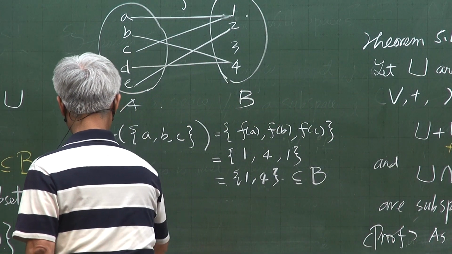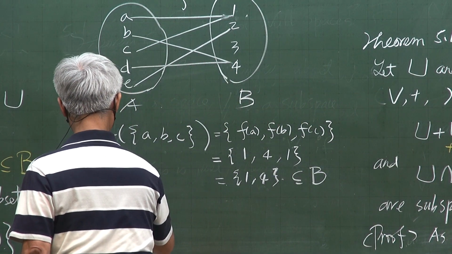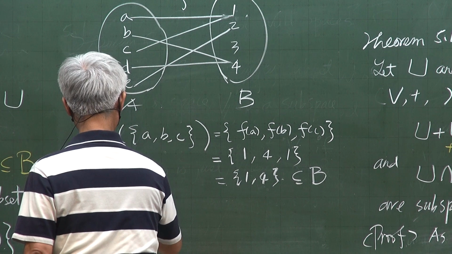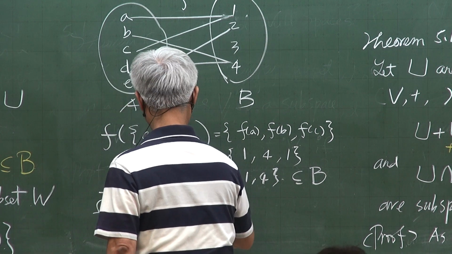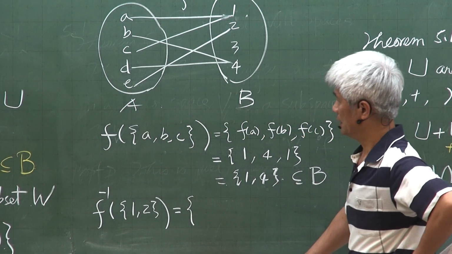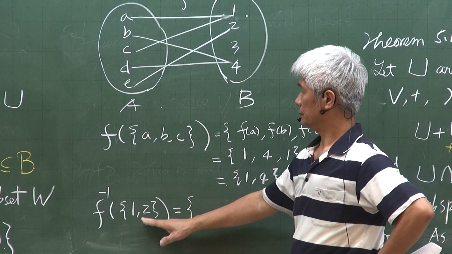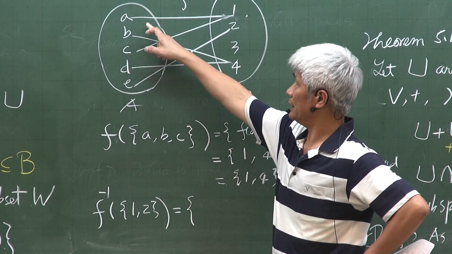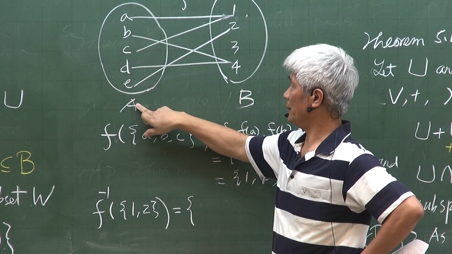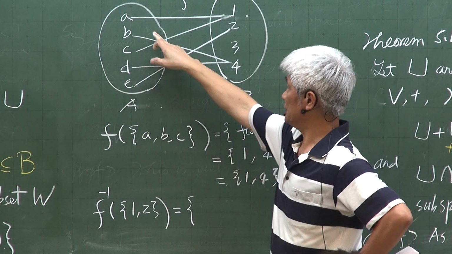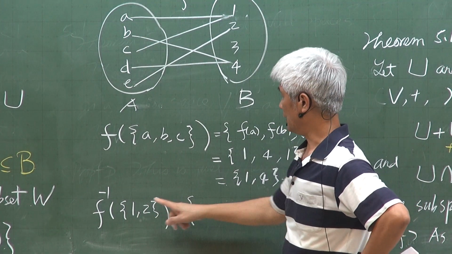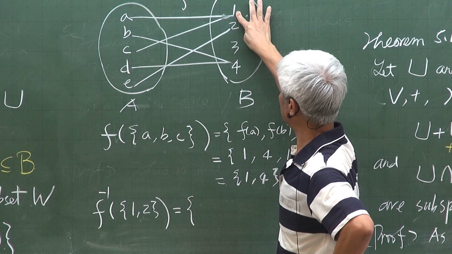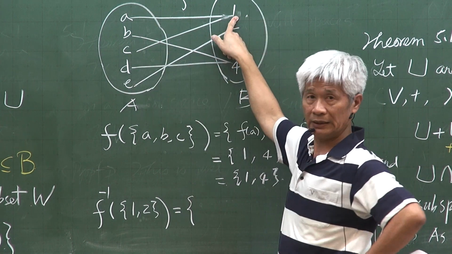Now, the inverse image of, say, {1, 2}. Okay? So what is that? We want to collect all the elements in the domain such that their value will be in the set W. Now, for 1, we see that A and C will go to 1.